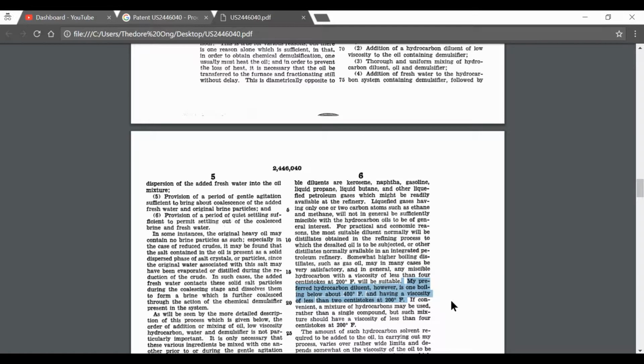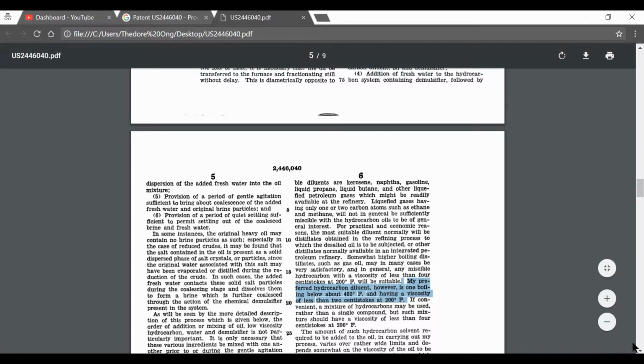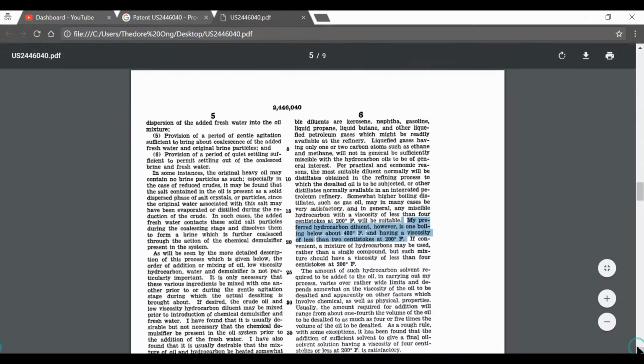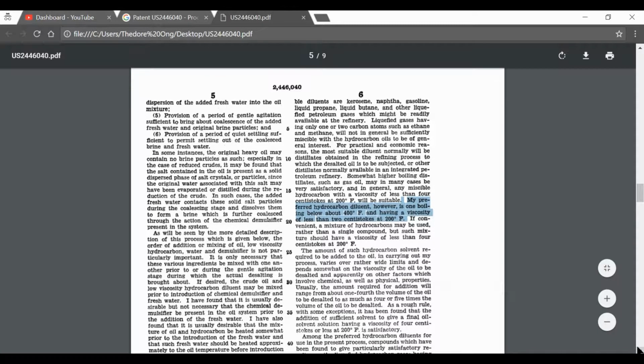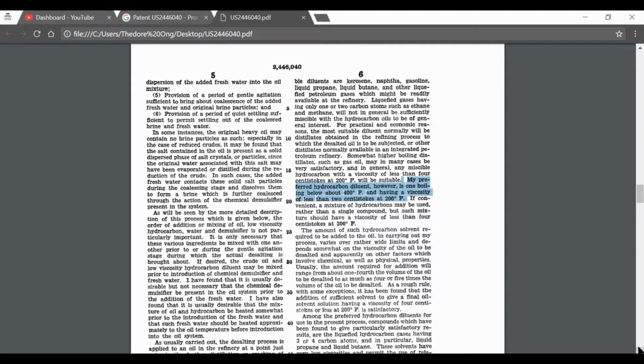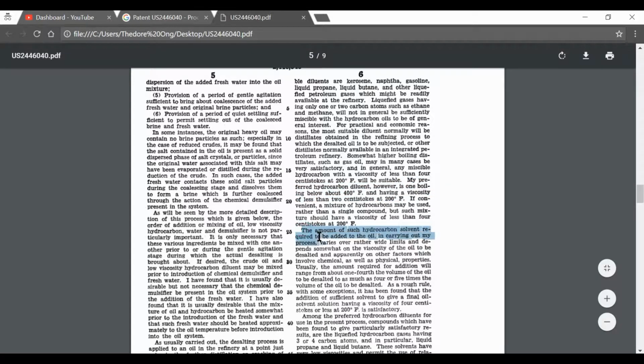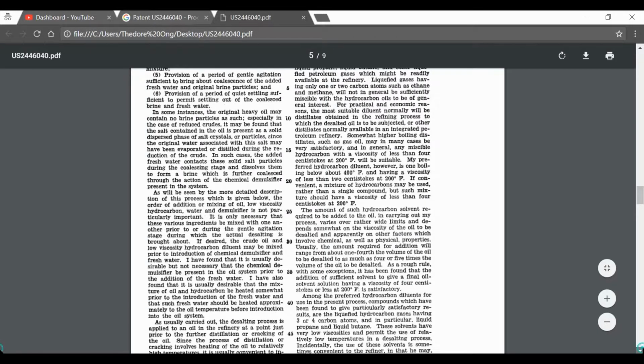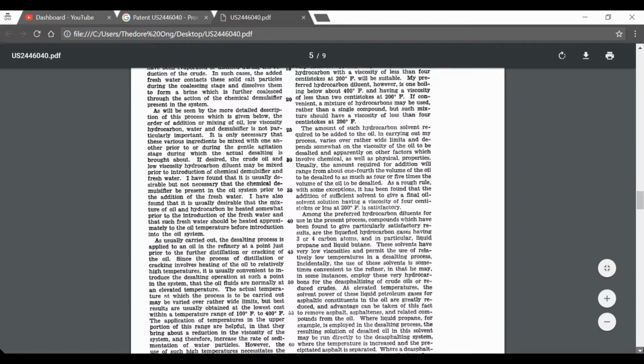Say his own preference here, but okay. So we might be talking about gas oils also. You can take a look at that again. So here he goes on and on, rambling about all the details.